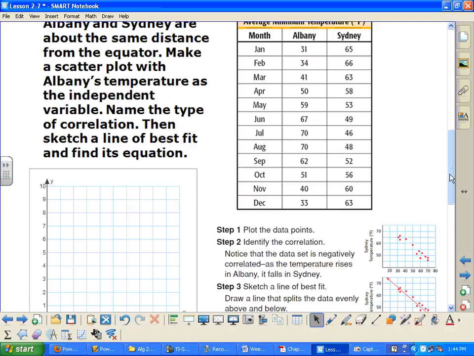Okay, 70. So we're probably going to go to maybe 75 or 80. Always go a little bit past. And how about y values? Okay, 66 is the largest, so the most you probably need to go to is 70. You could go by tens here. So make your graph scale.